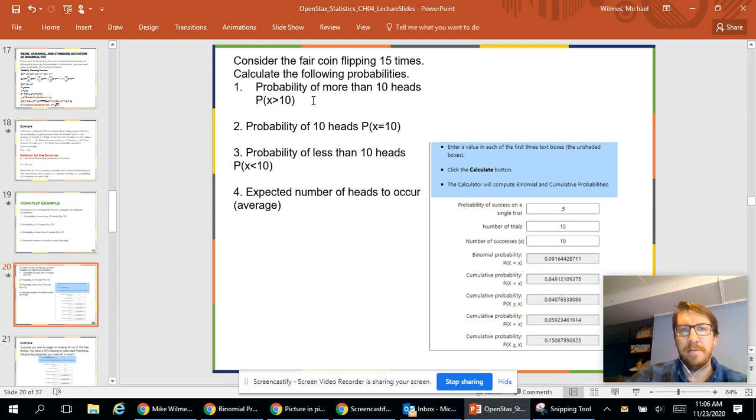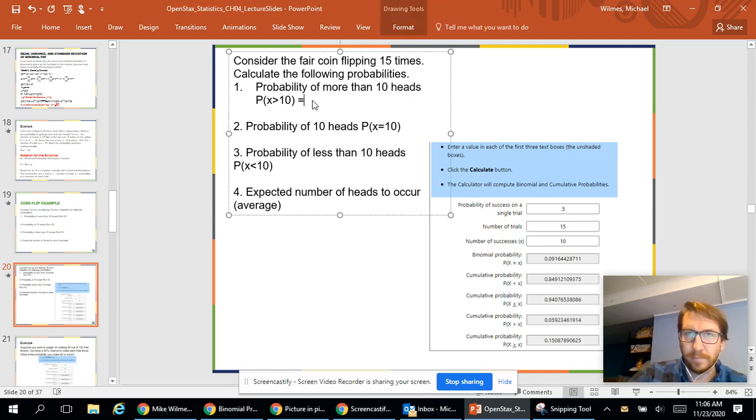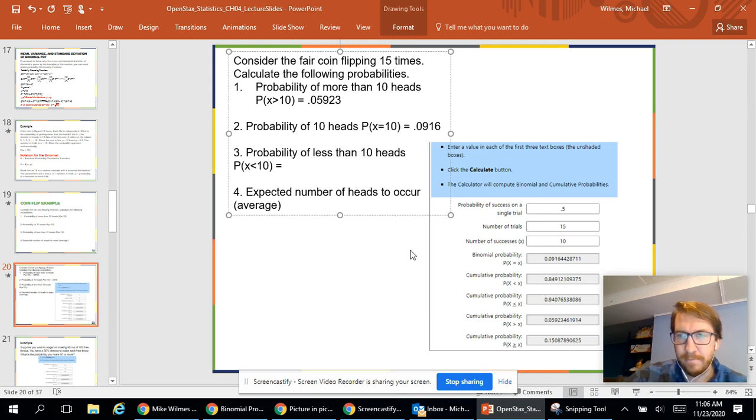So our first answer, the probability of being more than 10, would be 0.05923. The probability of 10 heads is going to equal 0.0916. The probability of less than 10 heads is going to be this one right here, 0.849.